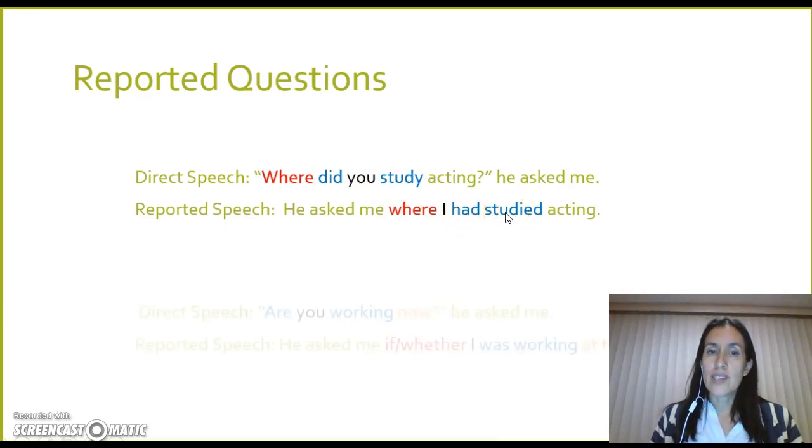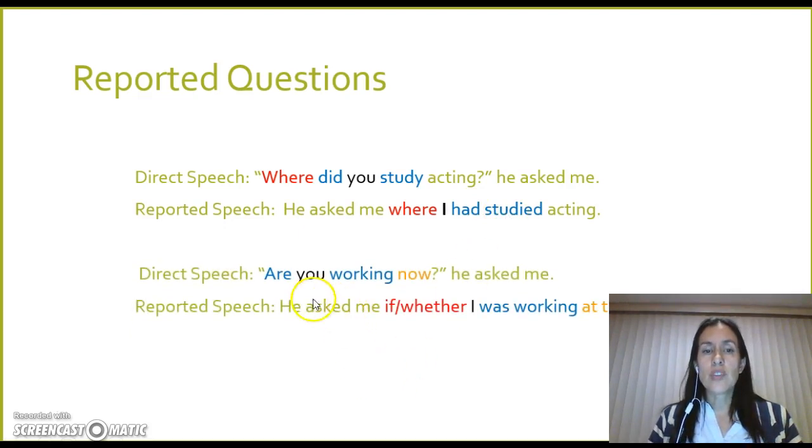So analyzing another example, you can have a direct question and it's a yes/no question also. For example, are you working now? So you have auxiliary, subject, verb. What we do when we report it is we change the order to subject and then the verb. If the question has no WH word, remember we're going to use if or whether, and we're going to use the past form.